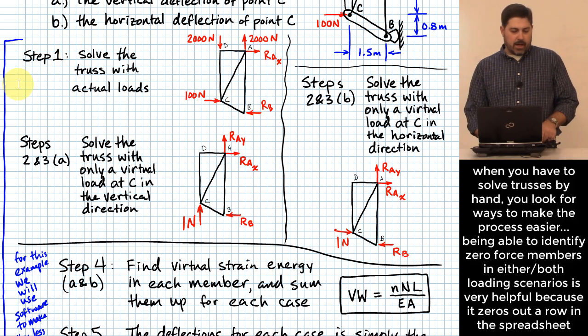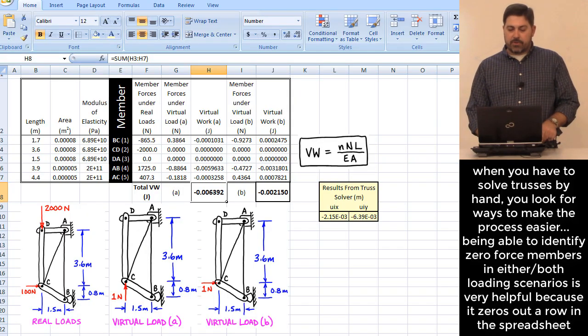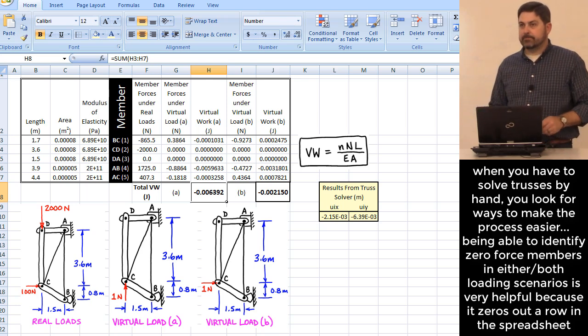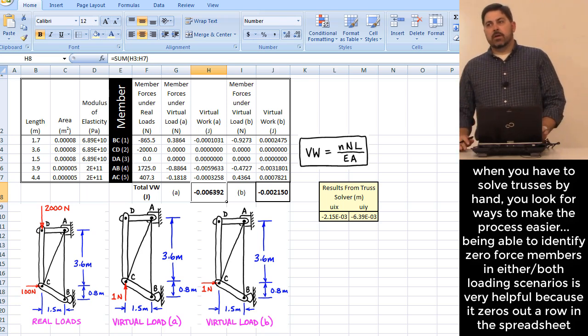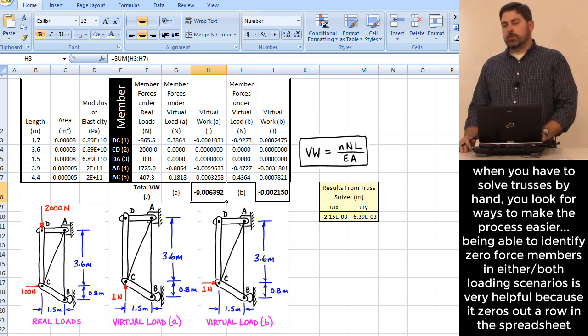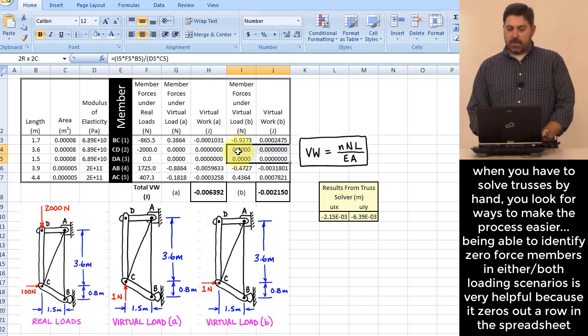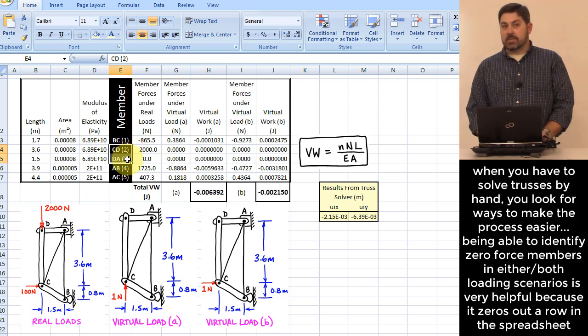Okay? Let me make one last little comment about if you were having to do this problem by hand. What if you did your virtual loads in all of your members for this problem first, before you found your actual loads? What would you have found? You would have found that because we have these zeros here and here, any information that you would have needed to find for members CD and DA is not going to be relevant, because they're going to get multiplied.